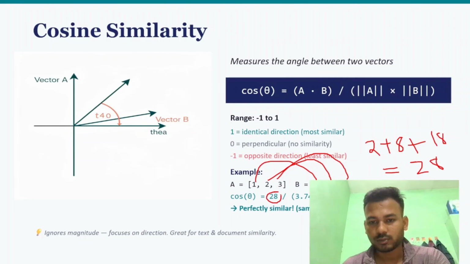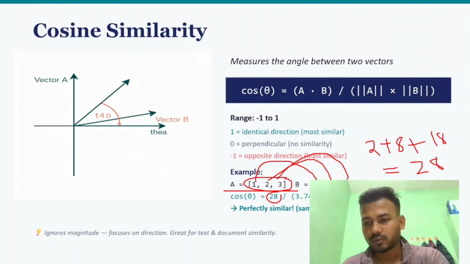Then you divide it by the magnitudes of these two vectors. How do you calculate that? You calculate the square of each number and find the square root of the sum. For this one, the square of 1 is 1, the square of 2 is 4, and the square of 3 is 9. Then your total is 14.